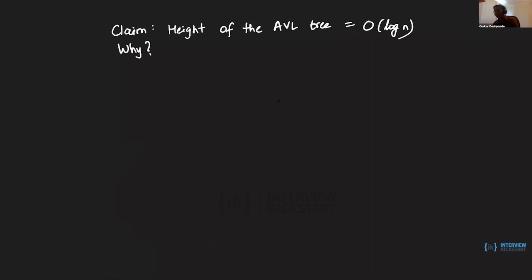The claim is that the height of the AVL tree is order log n, and that requires a justification. How can we be sure that this claim is true for any AVL tree?